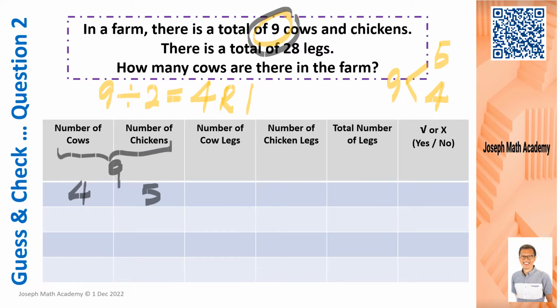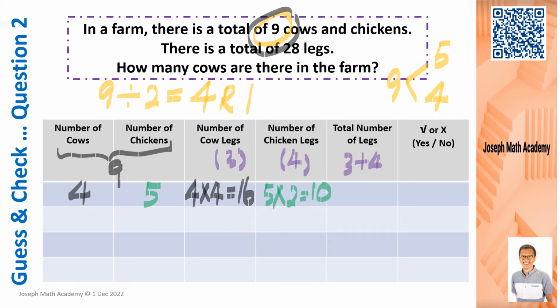Okay, change color again. If there are 4 cows in our first guess, each cow has 4 legs, total legs 16. 5 chickens, each chicken has 2 legs, there will be 10. Then the total number of legs will be column 3 plus column 4, so 16 plus 10, that will be 26.